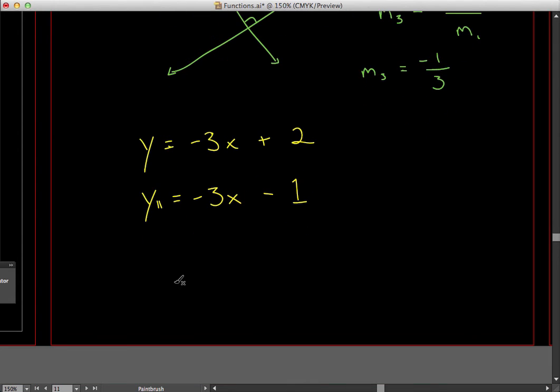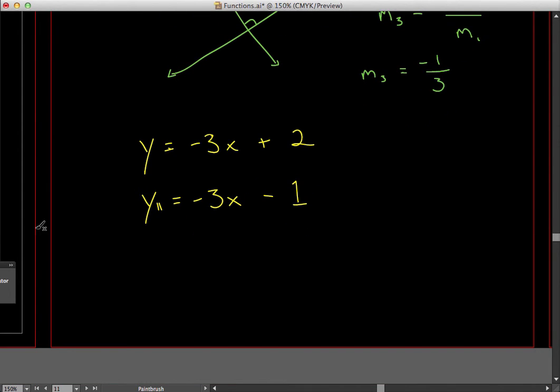And then if we were asked to find the equation of a line that's perpendicular to our initial line, so y perpendicular would be, the slope would have to be the negative reciprocal of -3. So the negative reciprocal, well, the reciprocal is -1/3, and then the negative of -1/3 is +1/3.